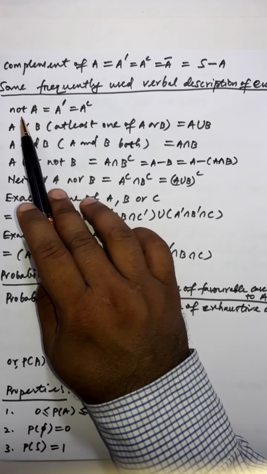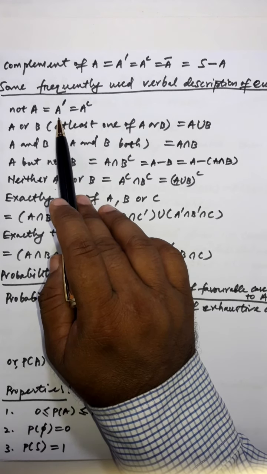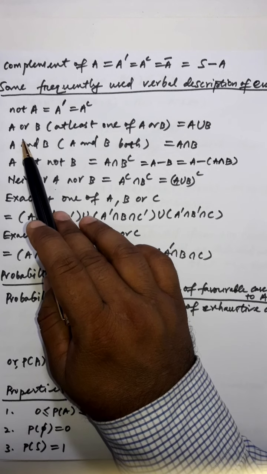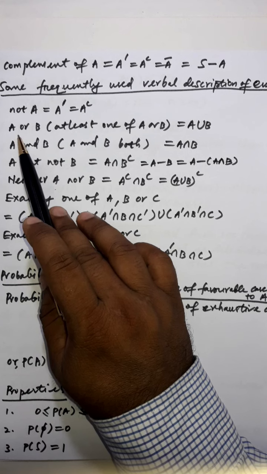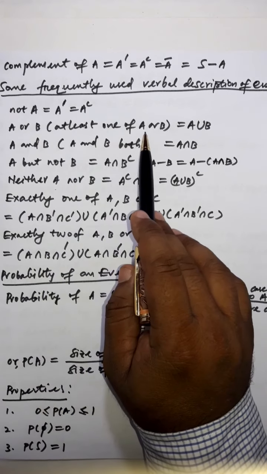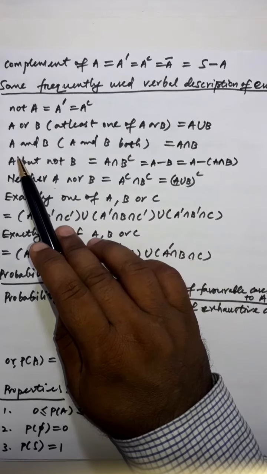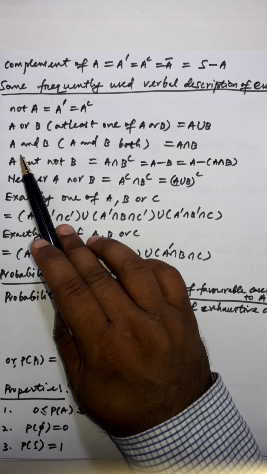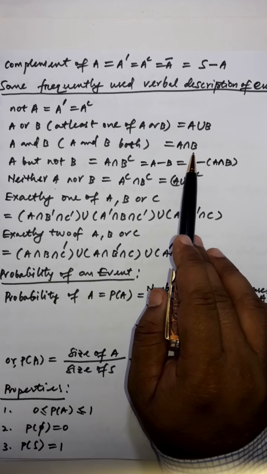If I have to write not A, then I can write it as A complement. If I have to represent an event which contains A or B, that means at least one of A or B, then I can write it shortly as A union B. If I have to write both A and B events together, then it represents A intersection B.